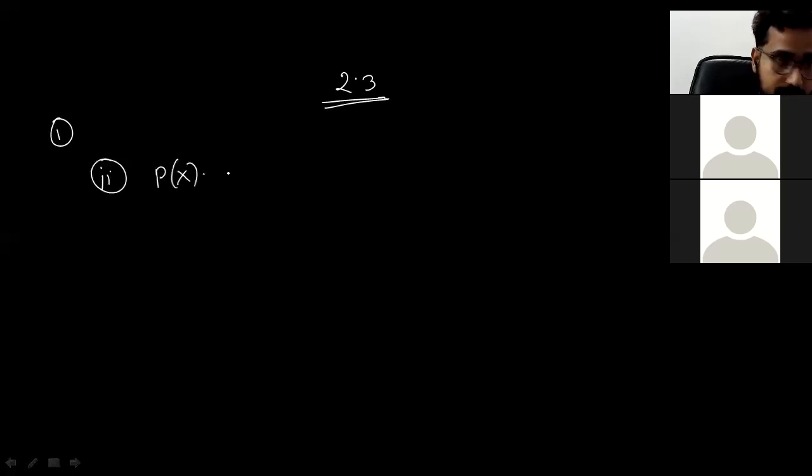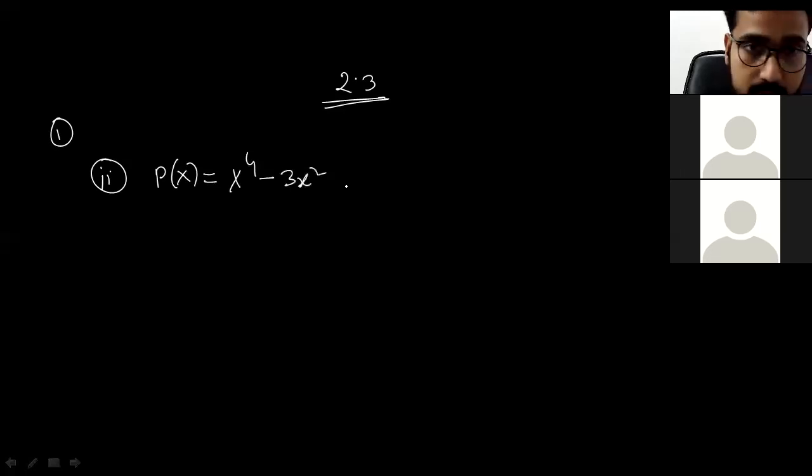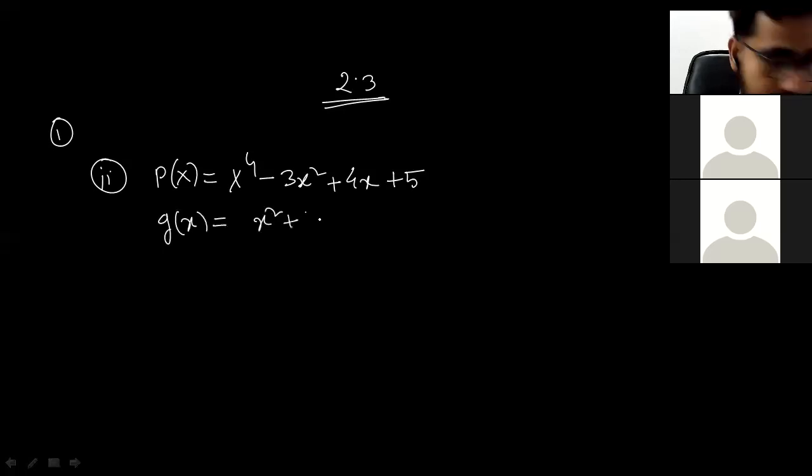So px is given: x to the power 4 minus 3x square plus 4x plus 5, and gx is x square plus 1 minus x. That means this is px and this is gx.